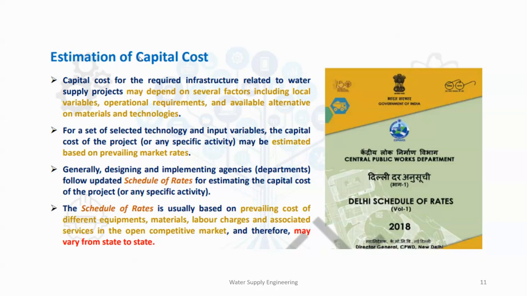So, for that, we have one book called Schedule of Rates, which is updated regularly by government departments, and it will have the rate of individual components, for example materials, labor charge, equipments, certain construction services or works, etc. But however, this may be different for each state.